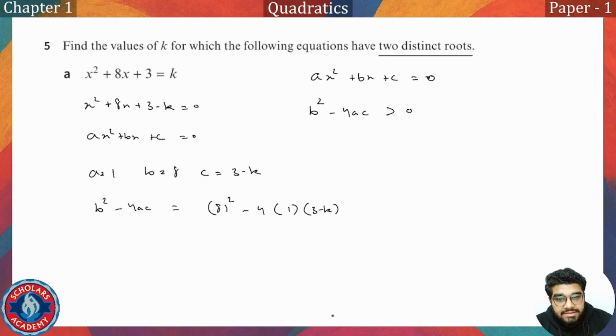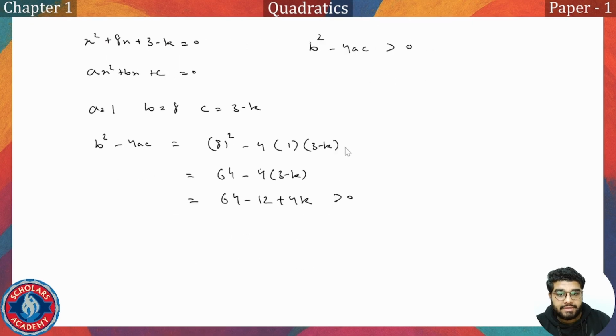So if I simplify it, what I get, 64 minus 4, that is we'll multiply it with 3 minus k, we get 4 and 3 minus k. So if we simplify it, we get 64 minus 12 plus 4k. This should be greater than 0, right?